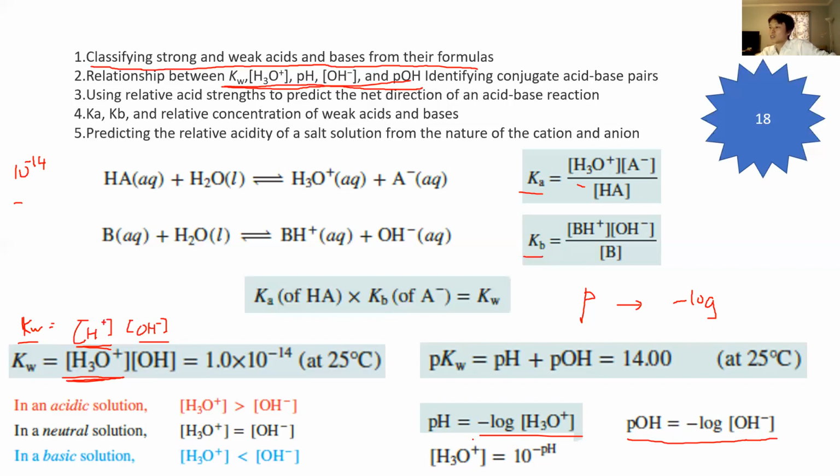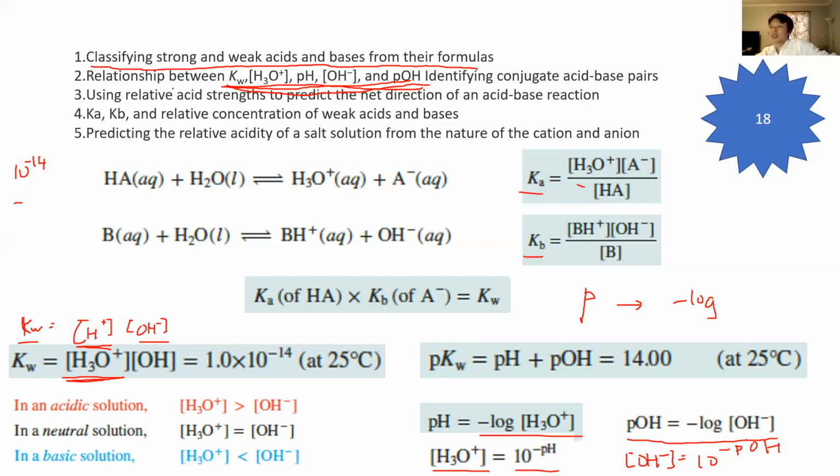So if we take the 10 to the exponent on each side, we can have proton concentration equal to 10 to the negative pH. Right? So similarly, the hydroxide concentration will be 10 to the negative pOH. Right? So make sure that you know how to calculate all this. Right? So normally, if you are given one of these, you should be able to calculate the rest.